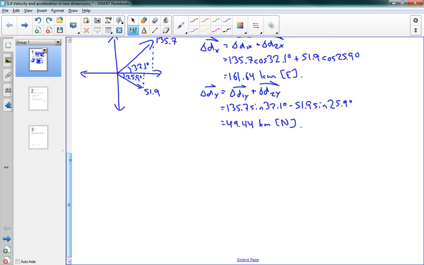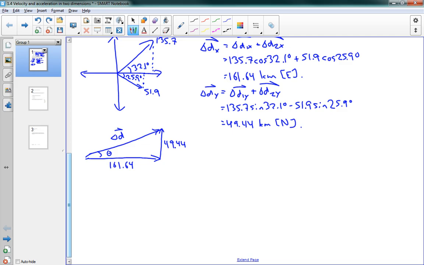We have our x displacement and our y displacement. So we can draw now a triangle that represents this. We have x, y, and the total. Looks something like this. Okay, so our x displacement was 161.64. Our y was 49.44. This is for our total. This gives us our total displacement, and we need our angle theta.